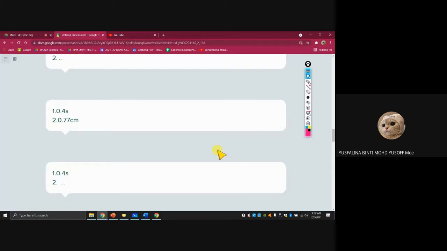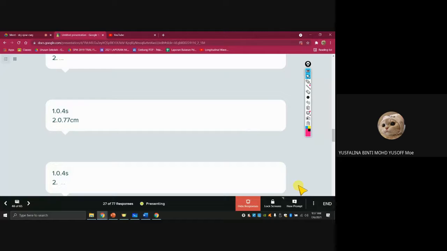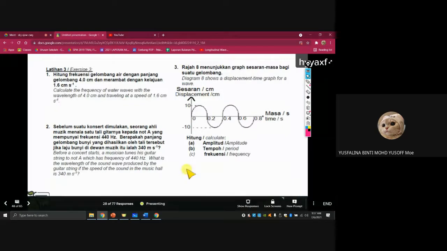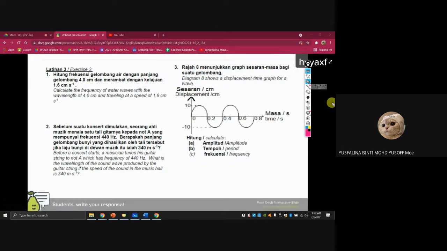Okay, so let's try to answer this one. This one is for question number 1, right? It says here calculate the frequency of a water wave with the wavelength of 4 cm and traveling at the speed of 1.6 cm per second. Okay, so V is equal to F lambda.